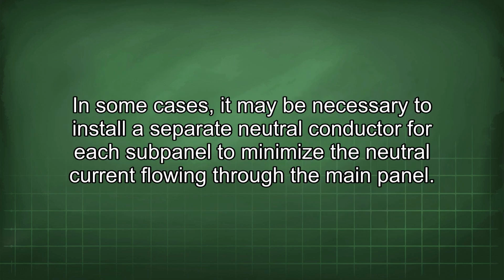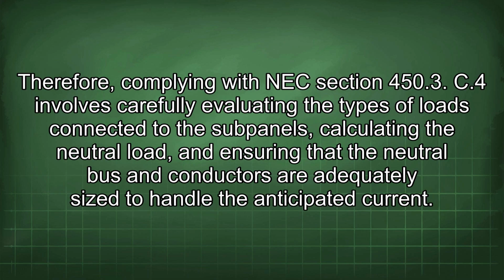In some cases, it may be necessary to install a separate neutral conductor for each subpanel to minimize the neutral current flowing through the main panel. Therefore, complying with NEC Section 450.3 C4 involves carefully evaluating the types of loads connected to the subpanels, calculating the neutral load, and ensuring that the neutral bus and conductors are adequately sized to handle the anticipated current.